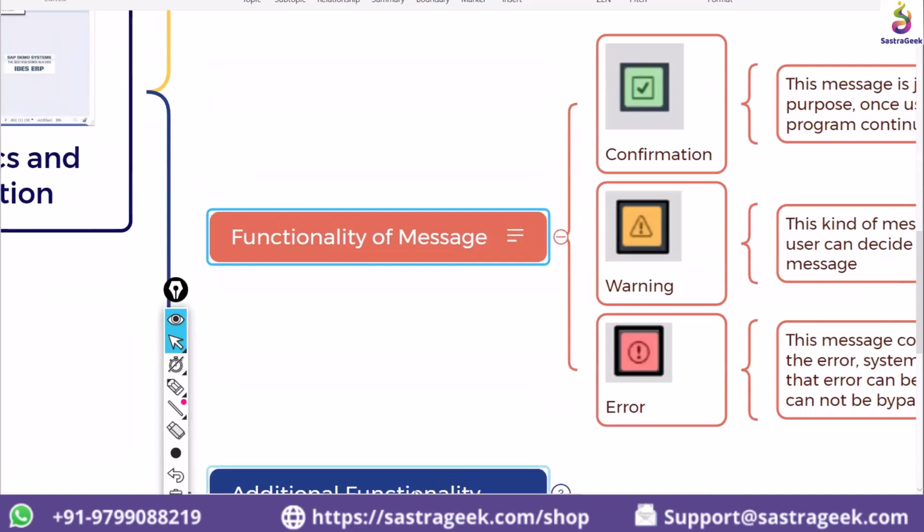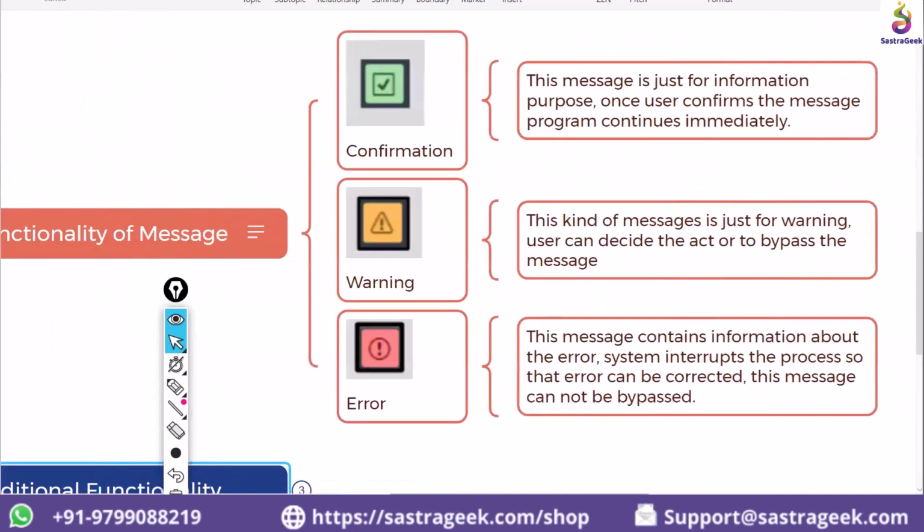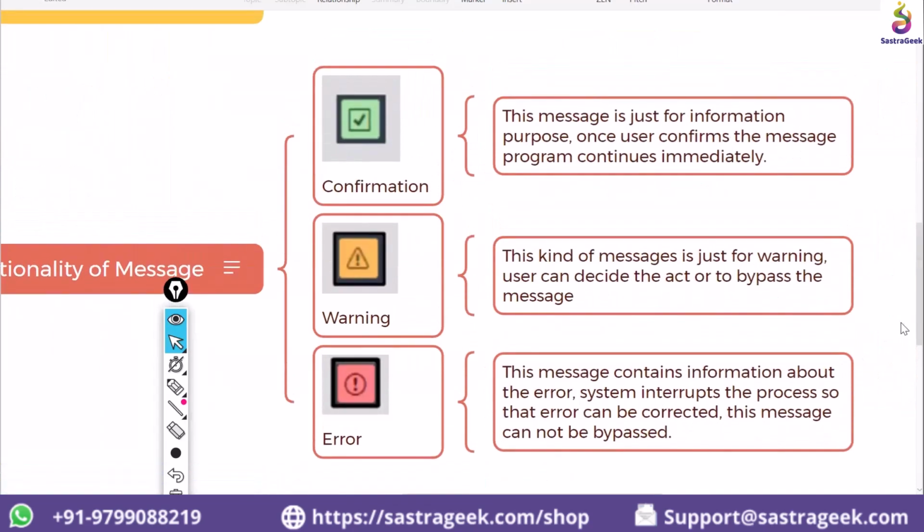There are three different types of messages. First is your confirmation message. Another one is your warning message. And the third one is your error message. If it's a confirmation message, it will look like this. There is a green indicator where the message is displayed as a confirmation.